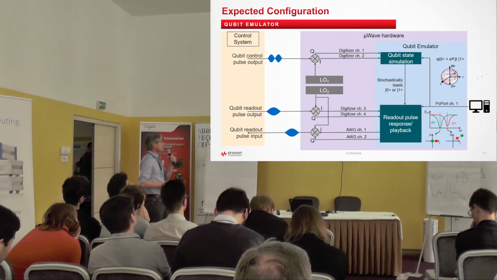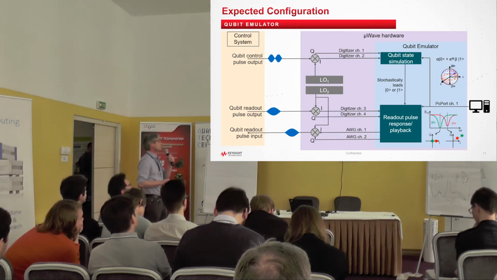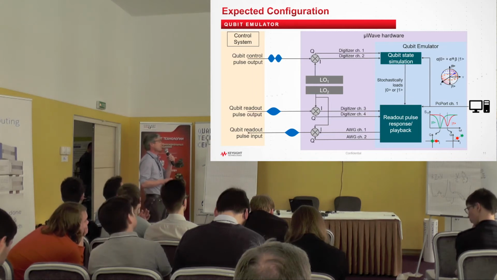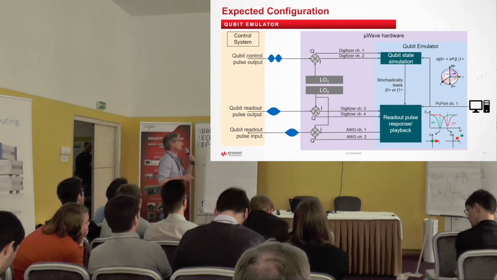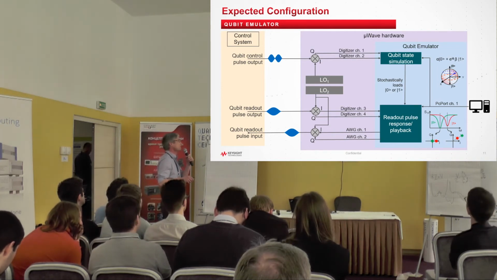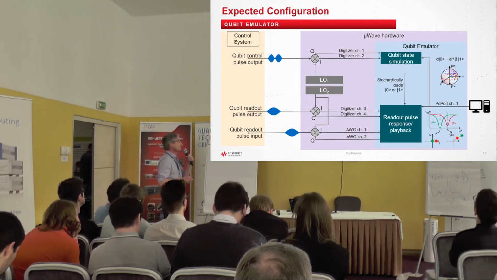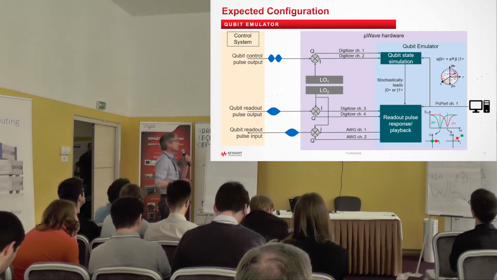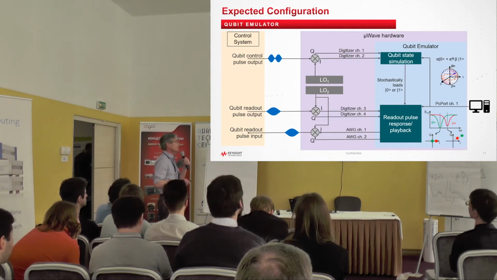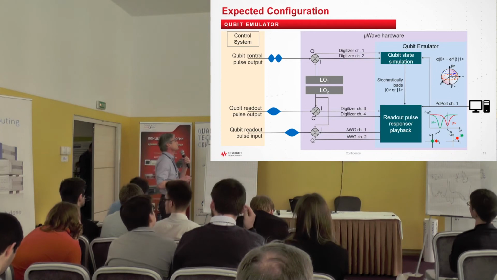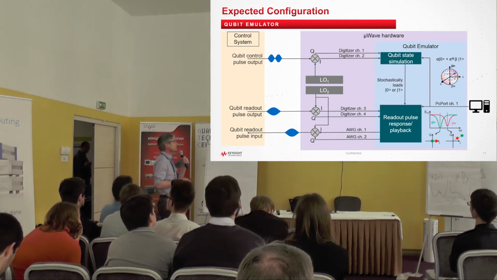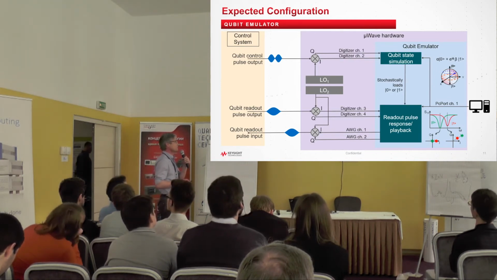We have a digitizer which captures, and I will skip this down conversion part, it's not important right now, the control signals coming to the qubit, and at any time we know the state of our qubit, and we see how the control signal as a control input will change the position of this vector.